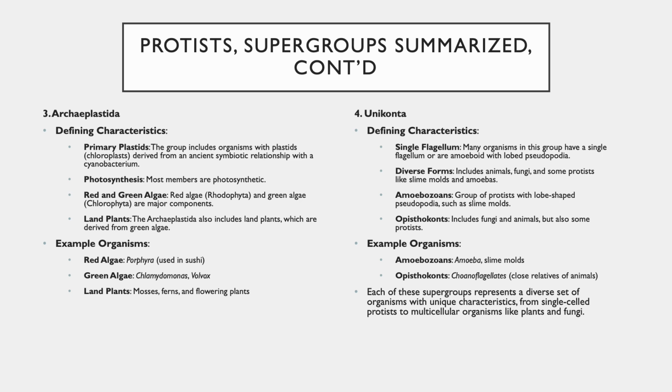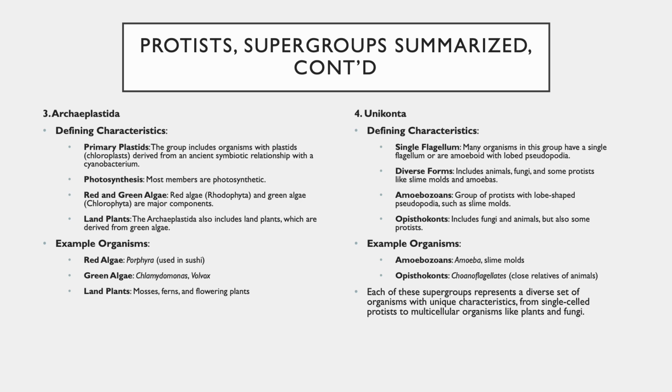Unikonta's defining characteristics are that they have either a single flagellum or an amoeboid type structure with lobed pseudopodia. These include animals, fungi, and some other protists like slime molds and amoebas. Amoebozoans, this group of protists, have lobe-shaped pseudopodia and include slime molds. Opisthokonts are another group.